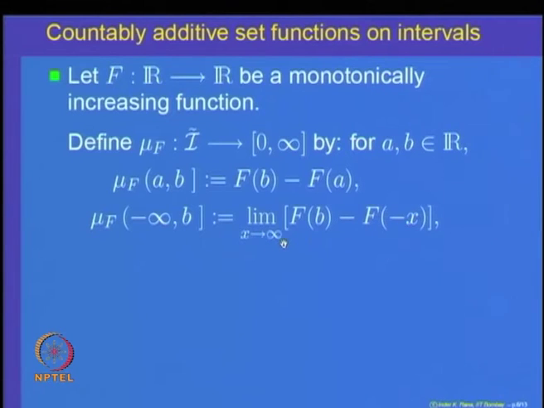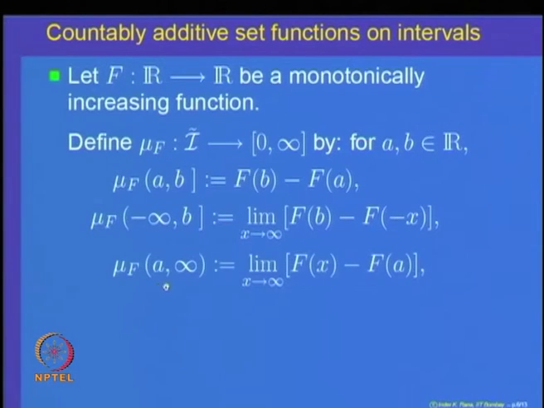As x goes to infinity, minus x will go to minus infinity. So we are defining it via limits: look at the interval minus x to b, left open, that is the value of mu f, and then take the limit of that as x goes to infinity. This is the definition of mu f of minus infinity to b.